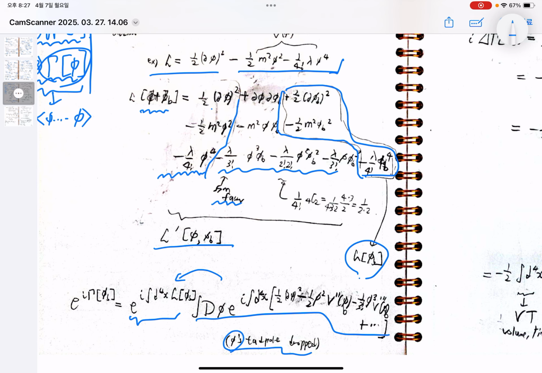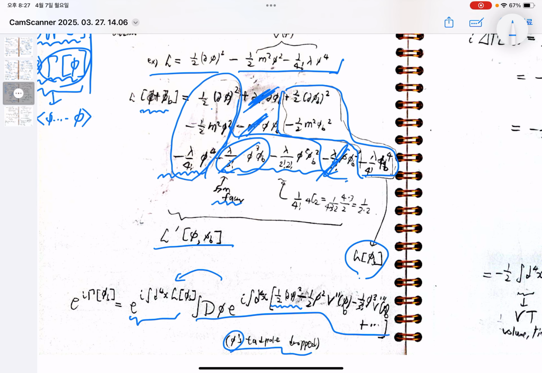So here are the purely quantum fluctuation terms, several cross terms, and other terms, and because we dropped all the tadpole terms, the odd terms should disappear. So only the even terms remain. So these terms remain, since we drop the tadpoles of the first order of the quantum fluctuation field.